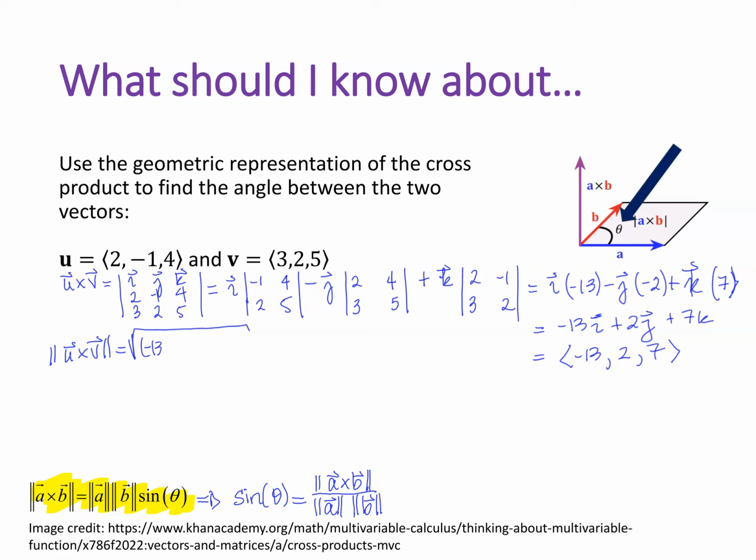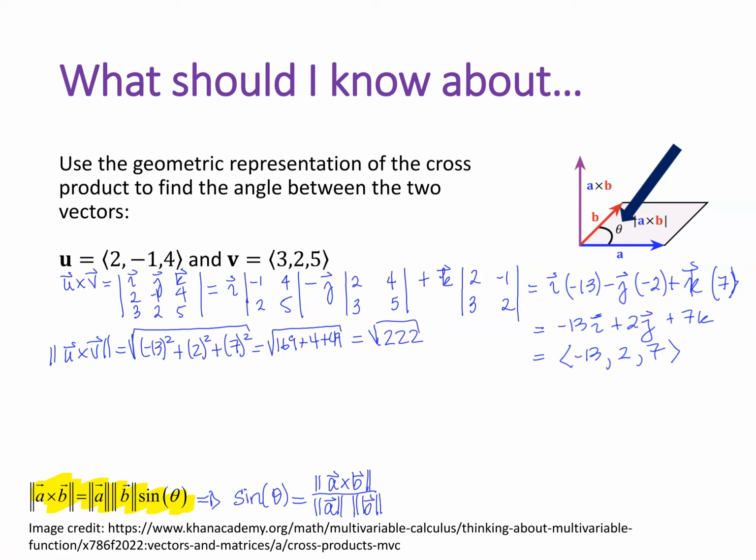So negative 13 squared plus 2 squared plus 7 squared, which is the square root of 169 plus 4 plus 49, which is the square root of 222.